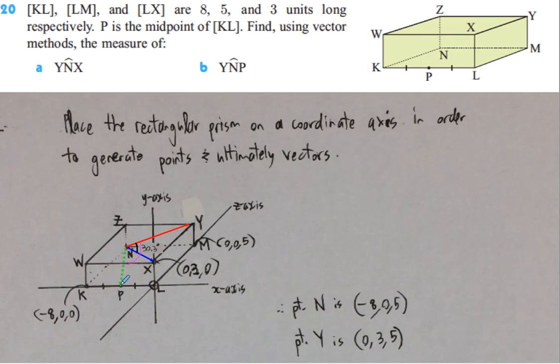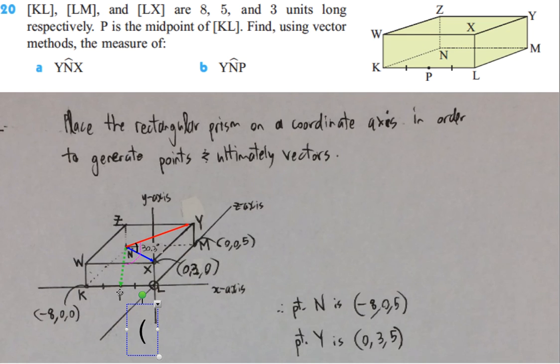Basically what we need are the coordinates of this point P, and I'll get you started off on that, and then you can try to do the rest on your own. Because this is on the x-axis and from L to K is 8 units long, P is the midpoint of KL.